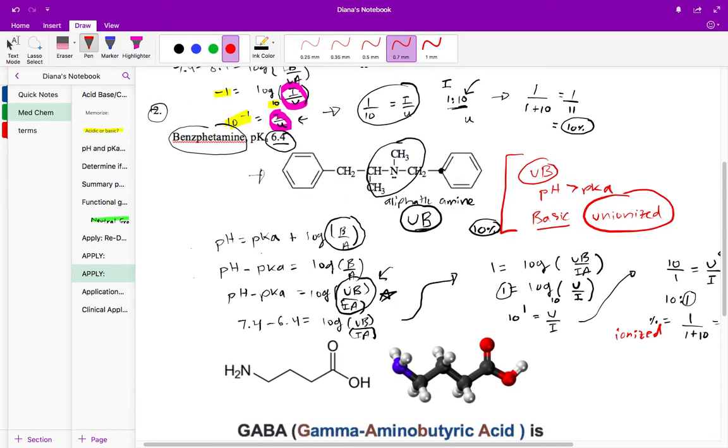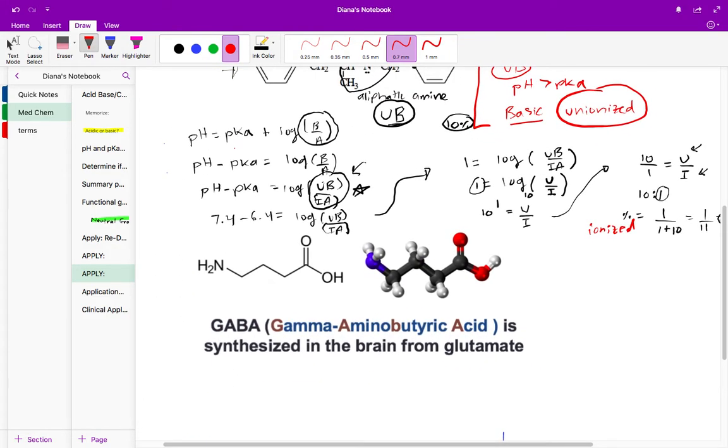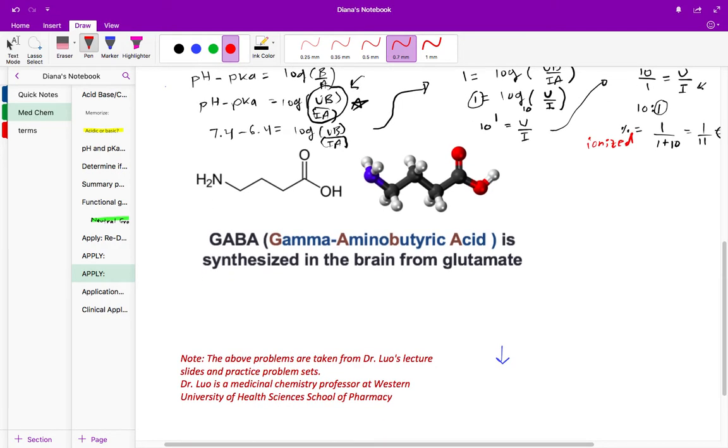All right, so now just for fun, we have a neurotransmitter here, GABA, and GABA is actually synthesized in the brain from glutamate. And what I want to know is, does GABA readily cross the blood-brain barrier? So in order to understand that, you kind of need some background knowledge.